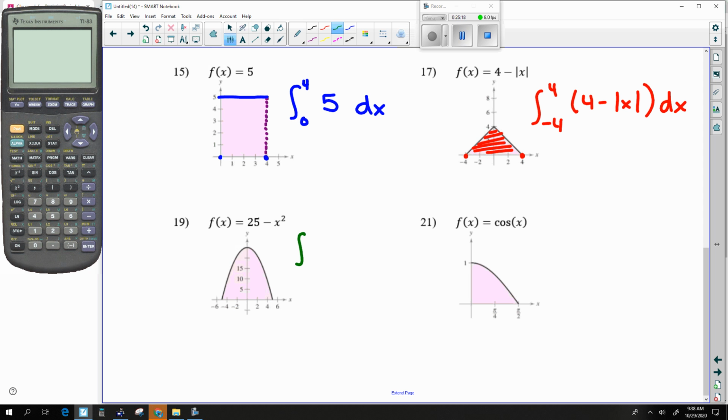So we are going in this case from -5 to +5 of 25 minus x squared dx. And then last but not least, this area goes from 0 to pi over 2 of cosine x.